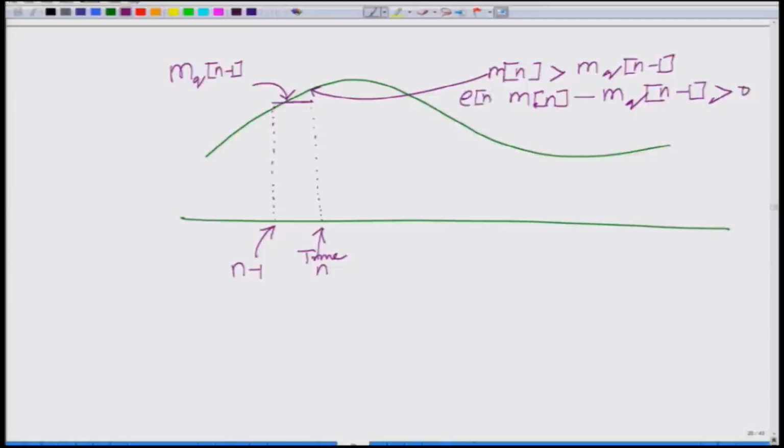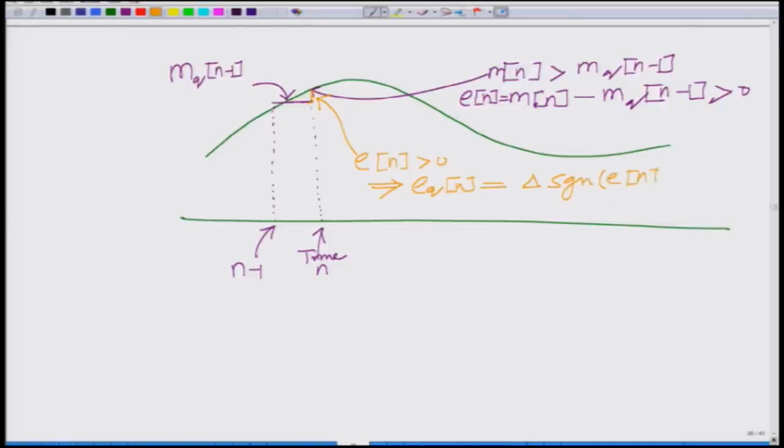Remember, this is your E of n, the error. So E of n is greater than 0, which implies EQ of n equals delta times sign of E of n.